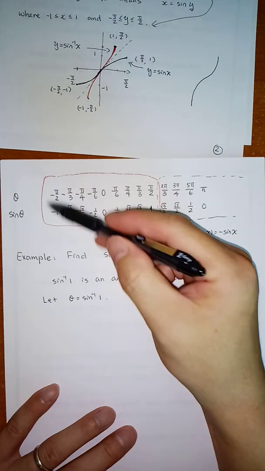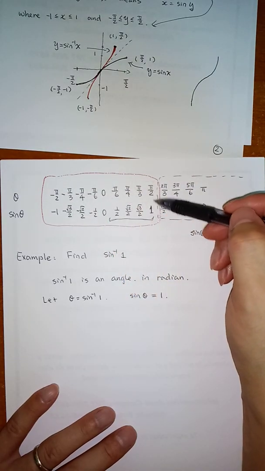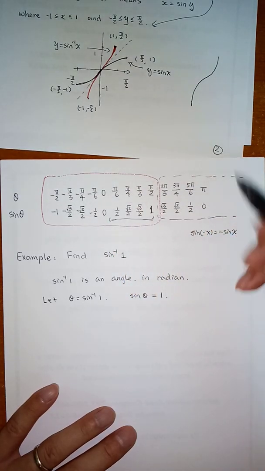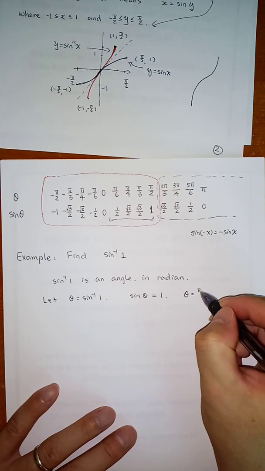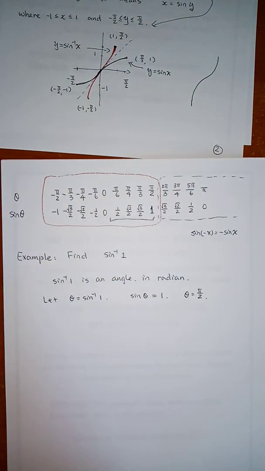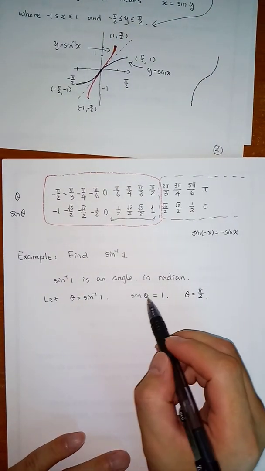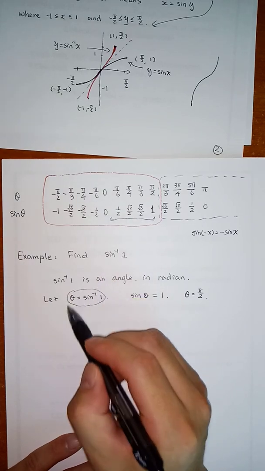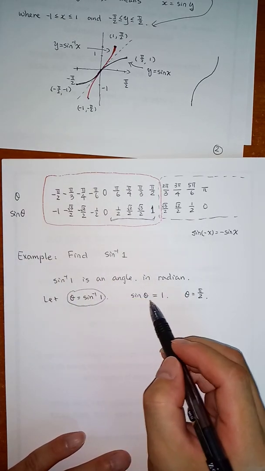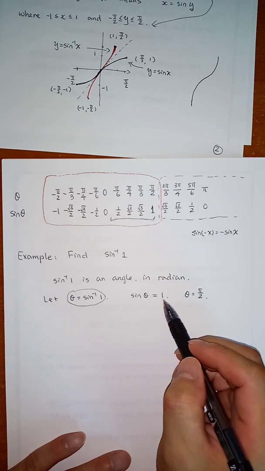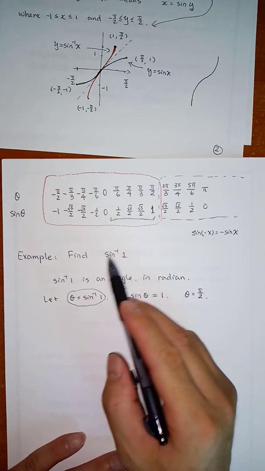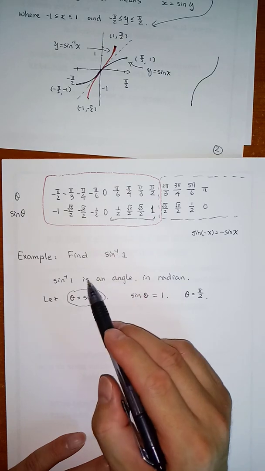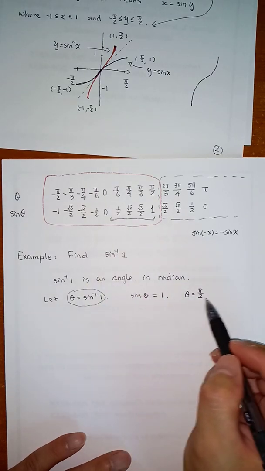You read this little table, you see only pi over 2 gives you sine theta equal to 1. So theta is pi over 2. And that's it. Of course, if you don't start from this definition, you only start from sine theta equal to 1 without any consideration of the inverse, theta is not unique.